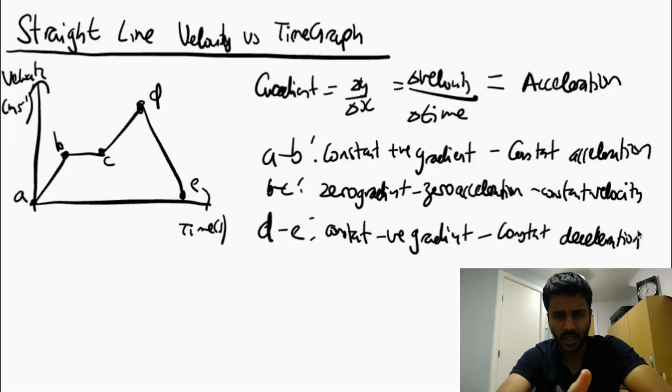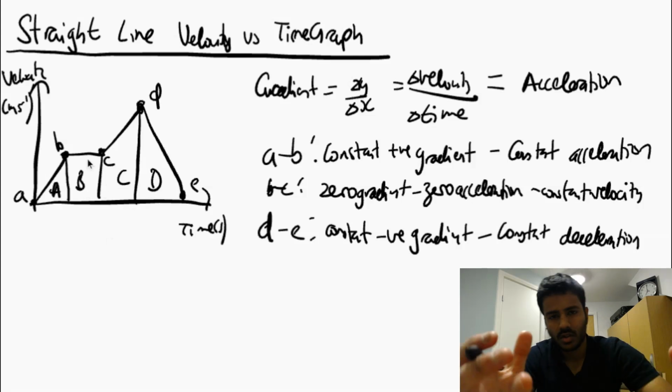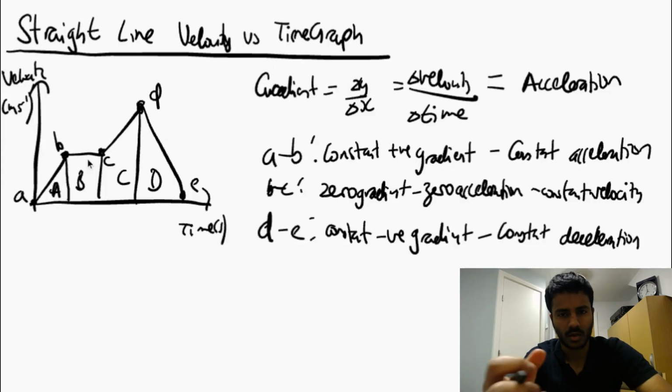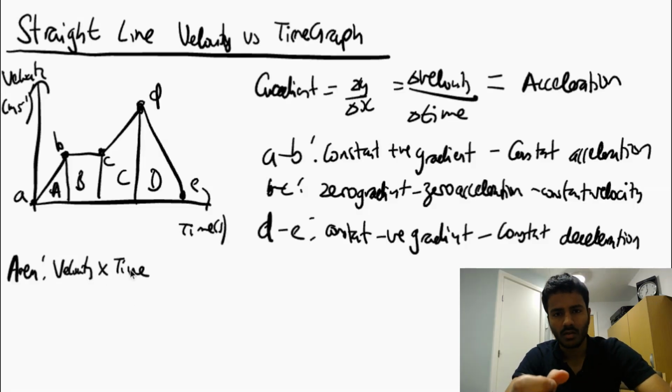So now we looked at what the gradient represents. Now let's look at what the area under the graph represents. So if we split this graph up into segments, let's call these segments A, B, C, D. Now the area is basically the y-axis times the x-axis. So if you wanted to find what the area represents, you do the velocity times the time. And we know that velocity times time is displacement.